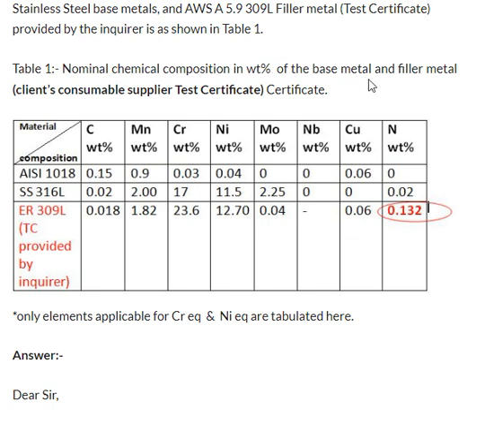So the problem statement is that the fabricator welded AISI 1018 carbon steel with SS316L stainless steel using an ER309L filler metal, but when he checked the composition with the PMI method, he found the composition somewhere around that of 308 material.